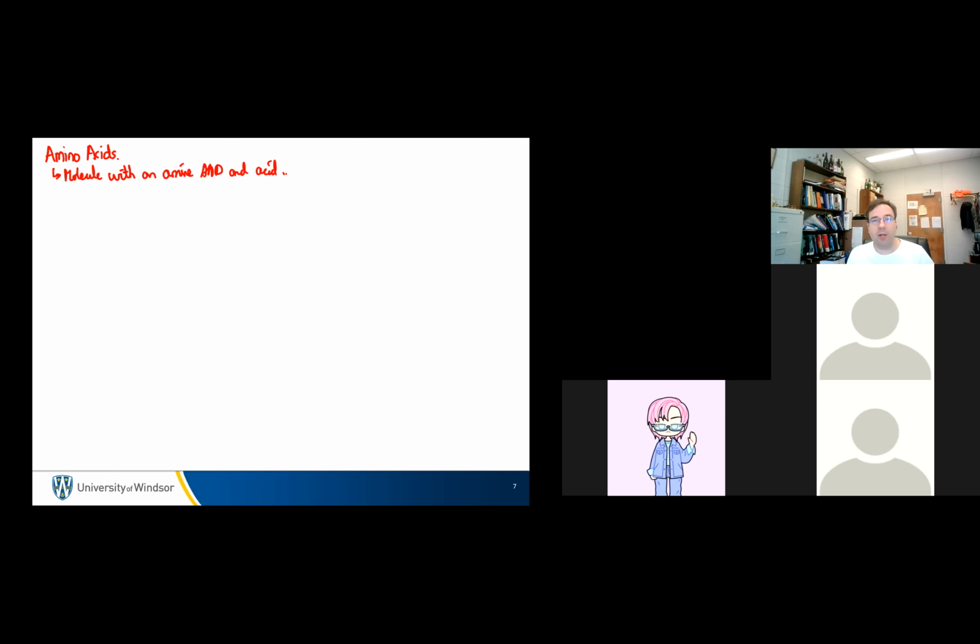That's all. That's what an amino acid is. So this is alanine, as you guys know. We would call this an alpha amino acid, and that's because that is the alpha carbon, and the amino group is attached to the alpha carbon. It is alpha because it is the carbon adjacent to the acid.